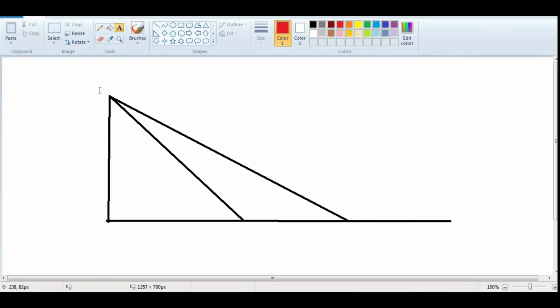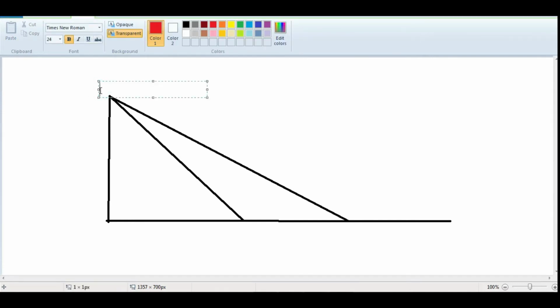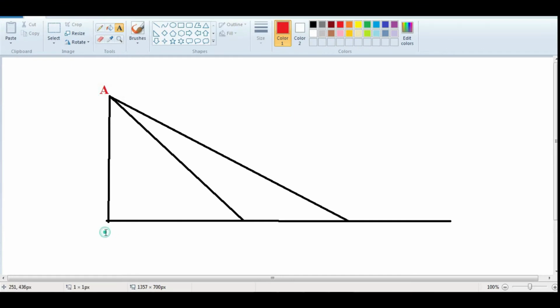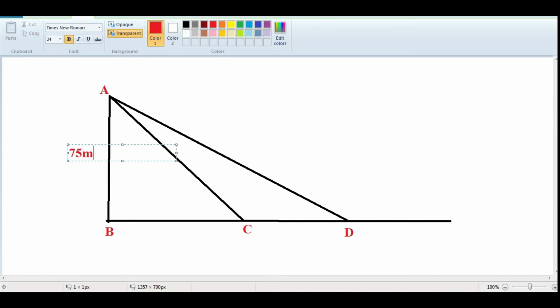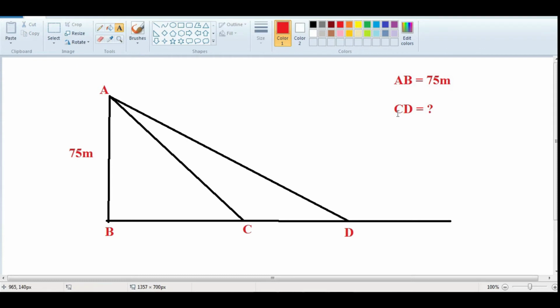Now let's mark the points. We have to find the CD, the distance between the two ships. This length we have to find.